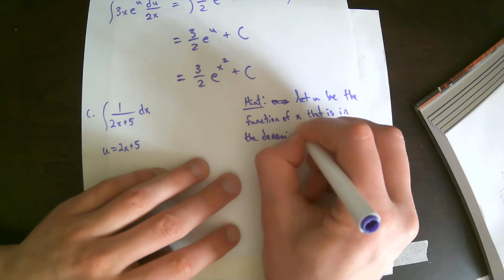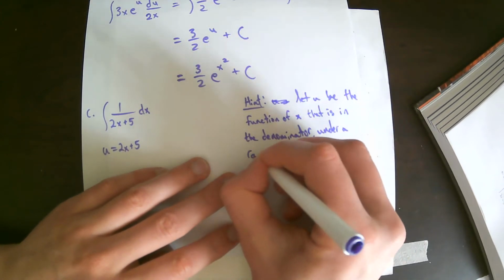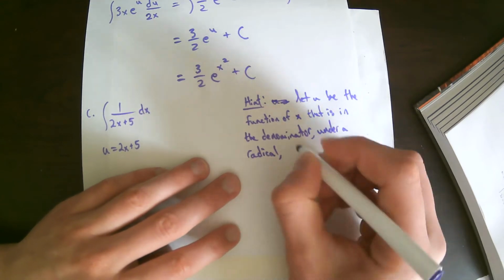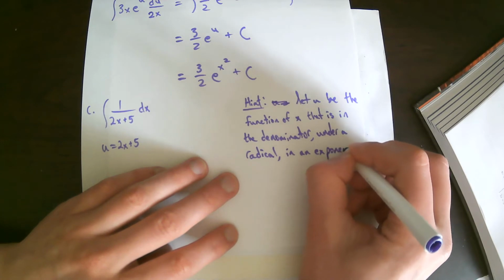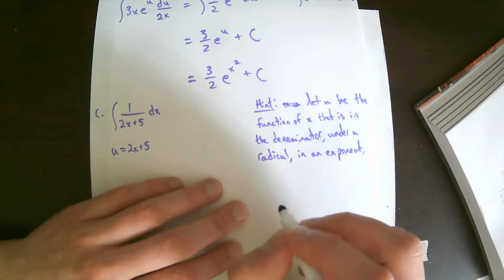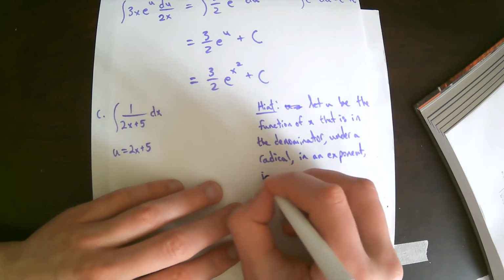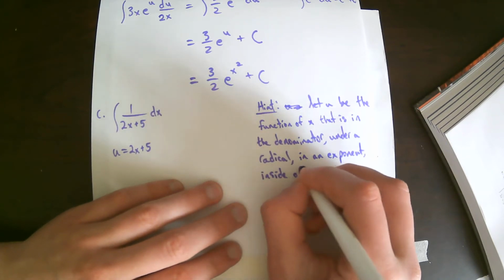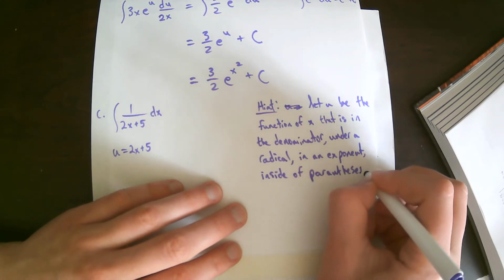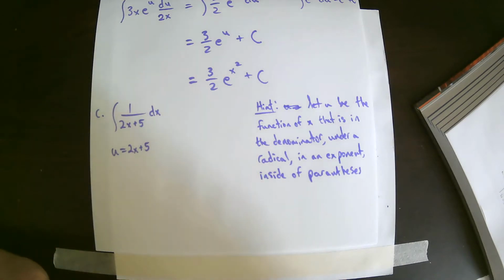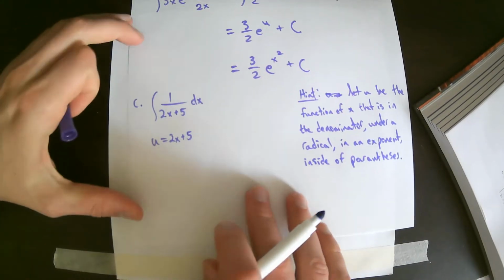It could be in a denominator, under a root, under a radical, like a square root or something like that, in an exponent, like it was for part B, inside of parentheses and raised to a power, like it was for part A. Just anytime it's inside of another function, like this. It's in a denominator. Okay.